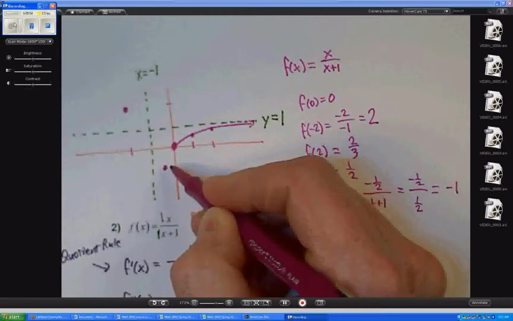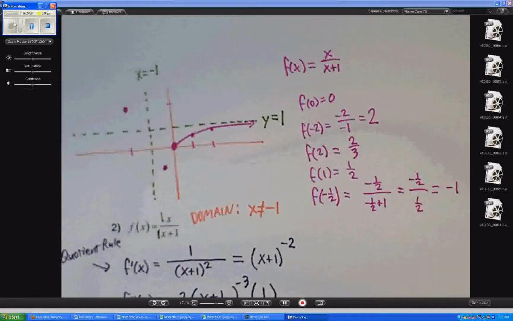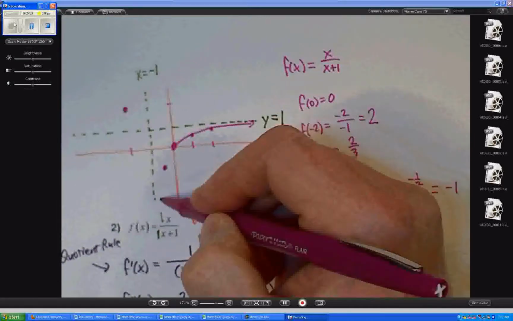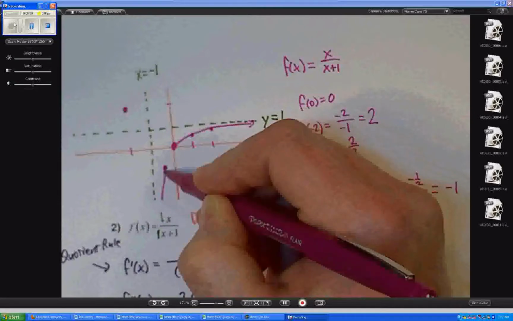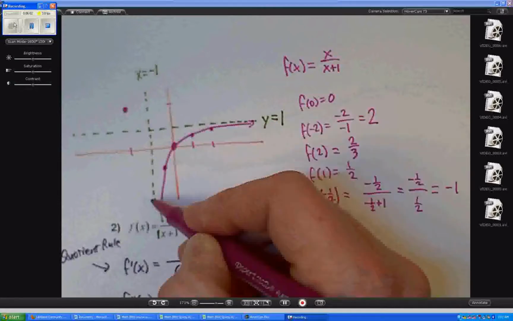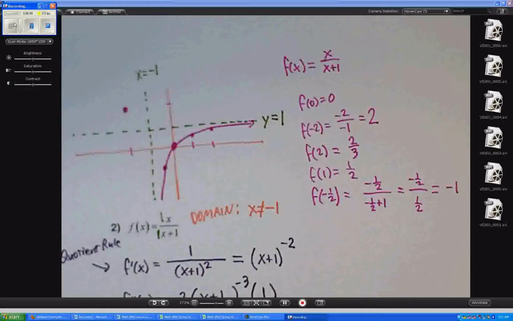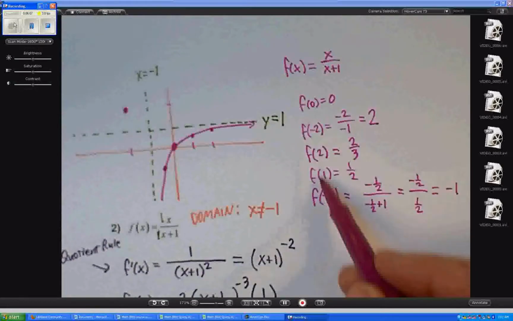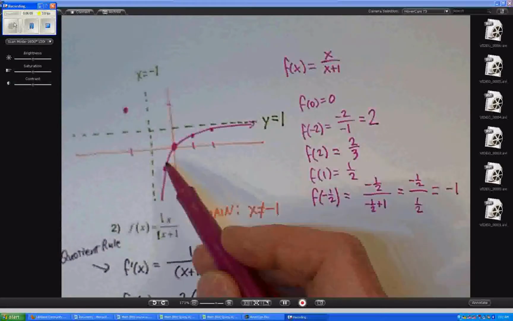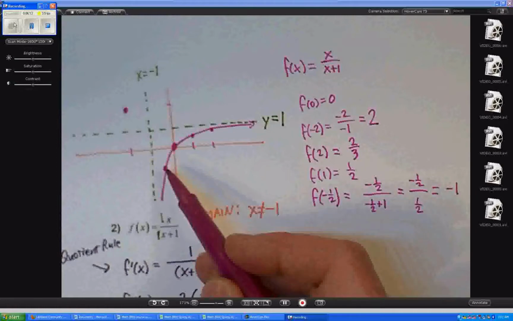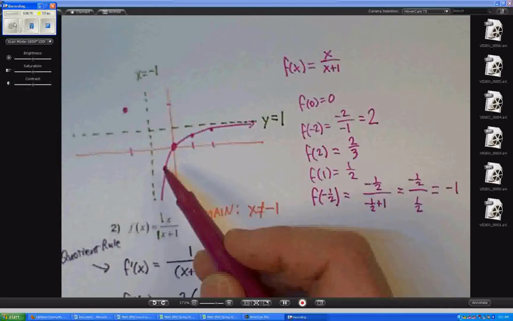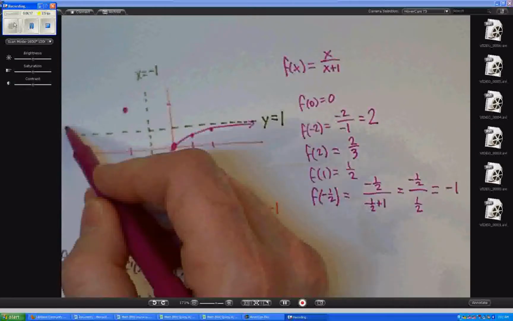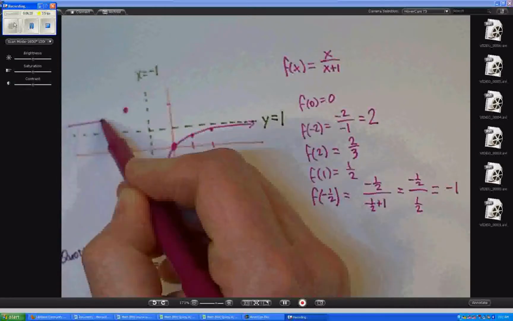But I still think it's good to see that this is going to get closer and closer to the green asymptote that I mentioned. So I wouldn't actually need to do all this. I would understand that it's going to get close to the asymptote. And if you do similar experiments over here, you'll find that this curve kind of does this kind of stuff.